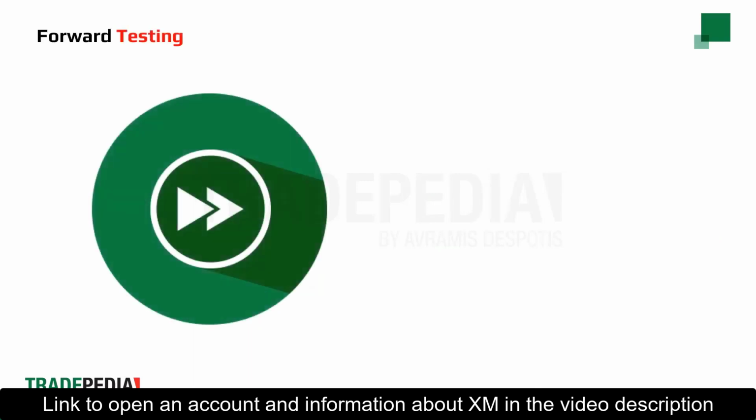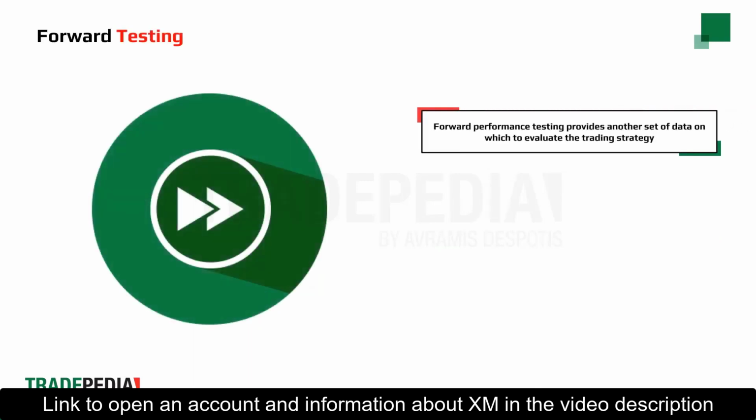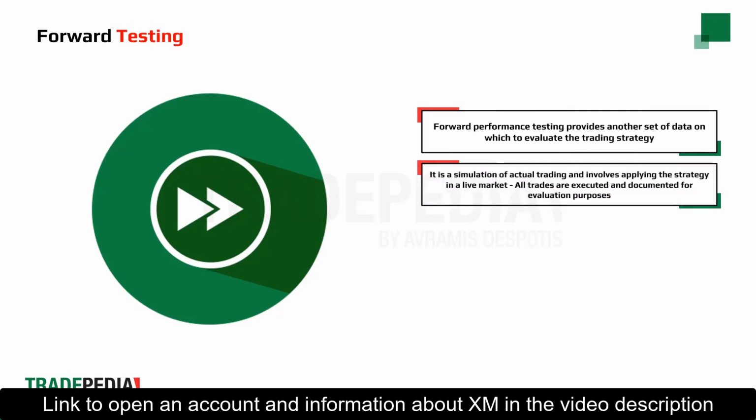Also known as paper trading, forward performance testing provides another set of data on which to evaluate the trading strategy. Forward performance testing is a simulation of actual trading and involves applying the strategy in a live market. All trades are executed on paper only, that is, no actual trades are taken, and documented for evaluation purposes.